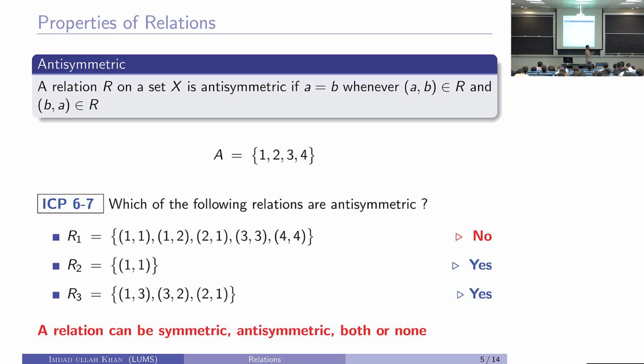It could be neither of them. Negation cannot happen like this. In a negation, if P is true, then Q is false. They cannot be both simultaneously true or simultaneously false. That's a negation. Here, these properties can both simultaneously hold, or both simultaneously not hold, or one.